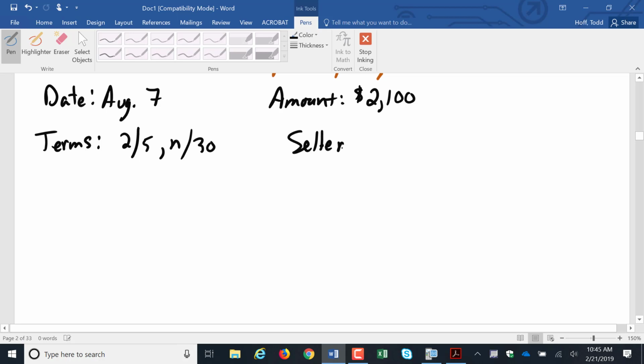Now remember, we had mentioned that in most cases the shipping company isn't going to ship the goods and then wait to get paid at the other end. They're going to want their payment before they load it in the truck. So the seller is going to have to prepay the freight and then be reimbursed by the buyer. So seller prepays $200 in freight.